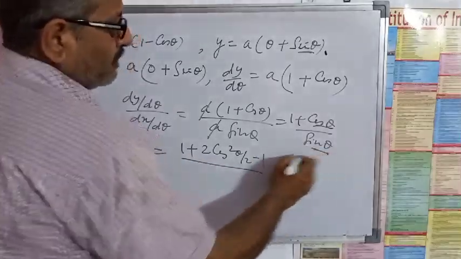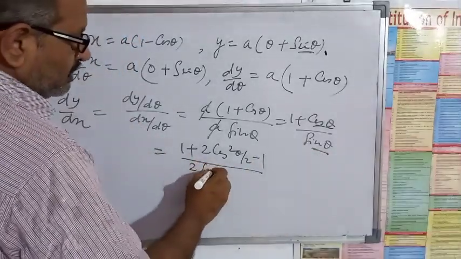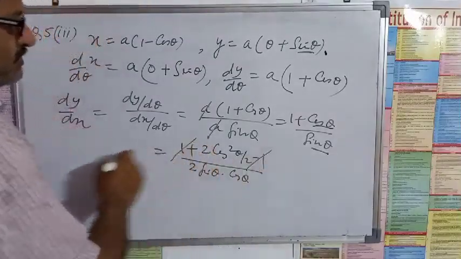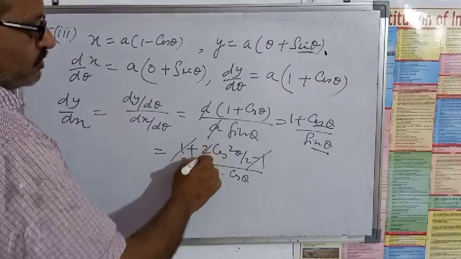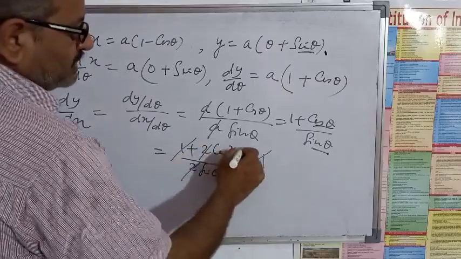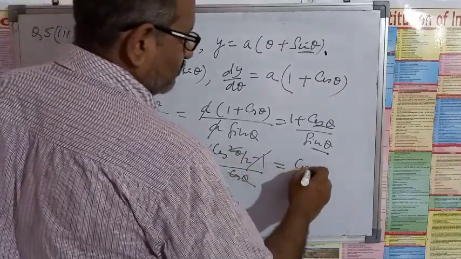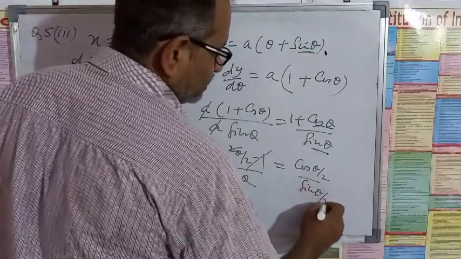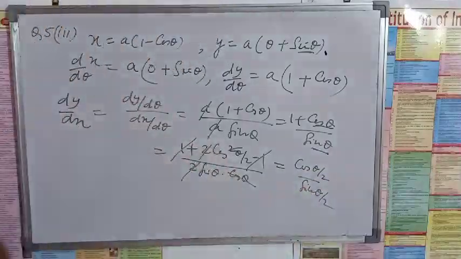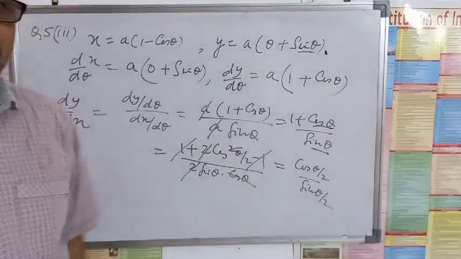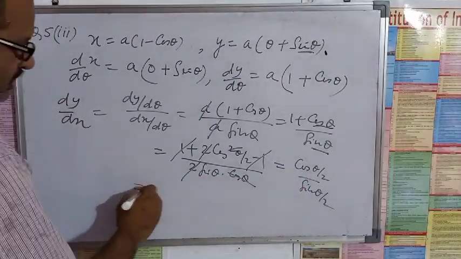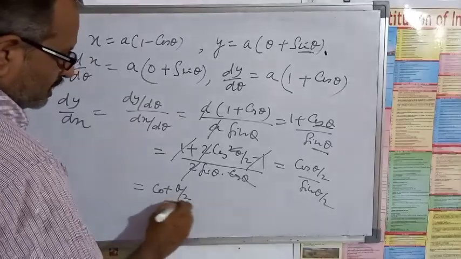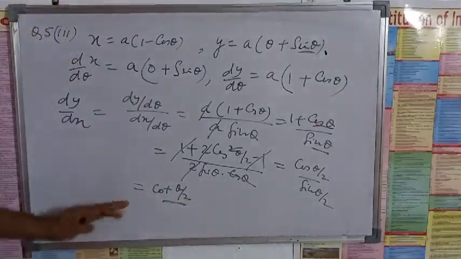And sin theta is 2 sin theta by 2 into cos theta by 2. Minus 1 plus 1 cancel, 2 cancels with 2, one cos we can cancel. So it will come cos theta by 2 upon sin theta by 2, which is equal to cot theta by 2. So this is the answer.